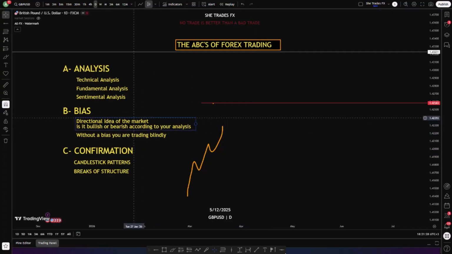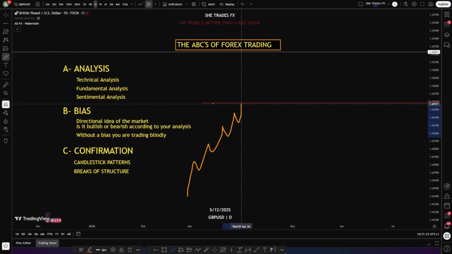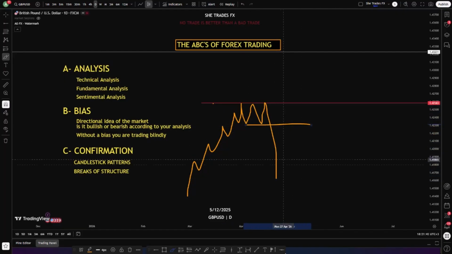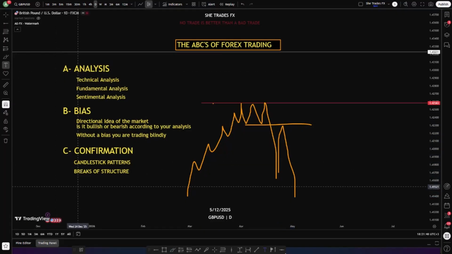And then we also have retests. Okay, price comes to this level, retests again, eventually going down. You find that it can even come back here, retest, and go even lower. All right. So we also have the retests.